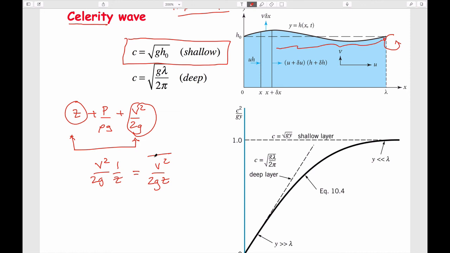If we take the square root of this, which we can, we end up with v over the square root of 2gz. So here, this is the magnitude that we have for this wave. We don't have a z in this, but this is the velocity at which the fluid is traveling, and this is the velocity of the celerity wave.